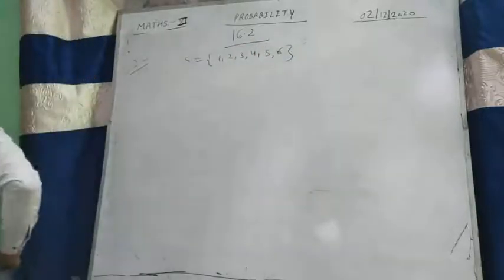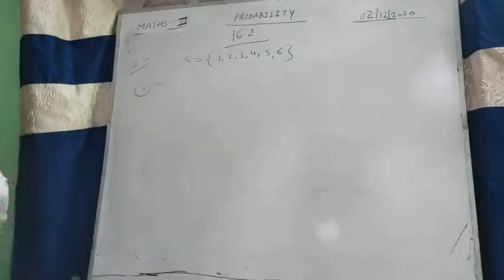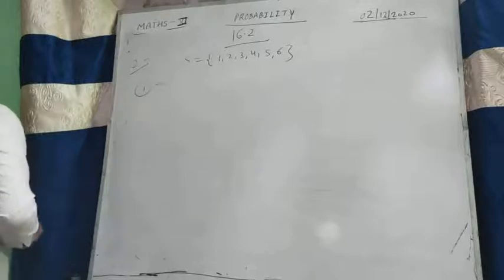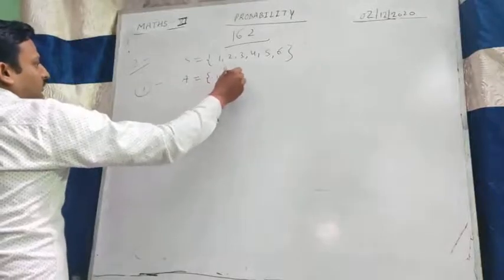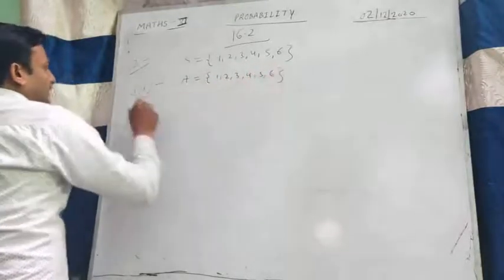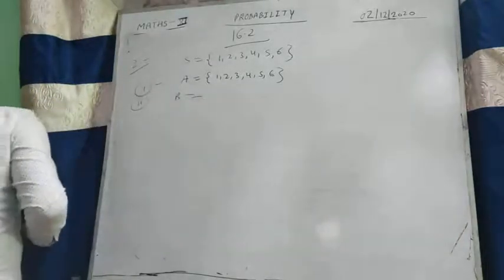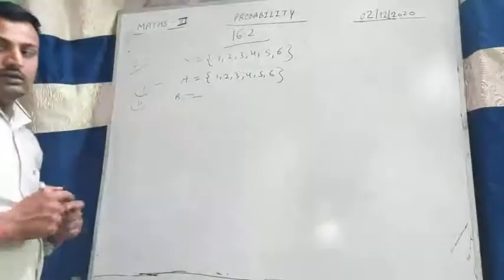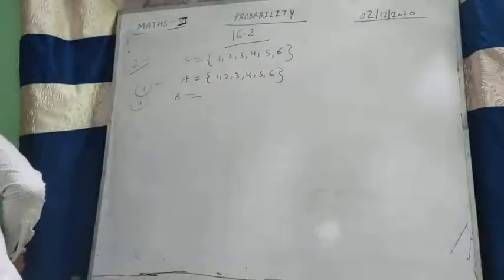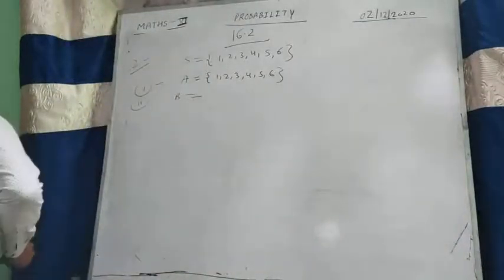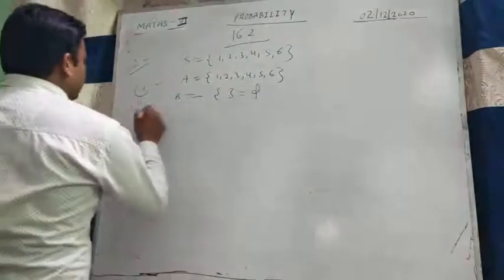The first part says that A is a number less than 6, so event A will be 1, 2, 3, 4, 5, 6. And B says a number greater than 7. So a number greater than 7 is nothing, this is the empty set.